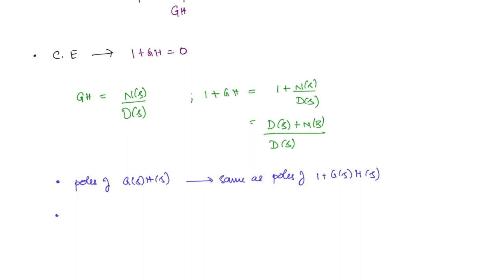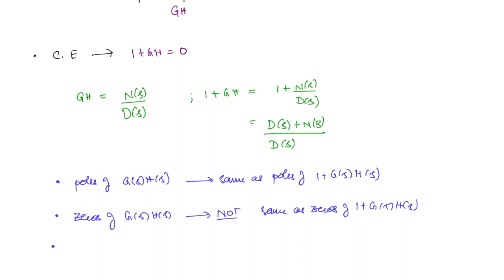So the zeros are not the same. Zeros of G(s)H(s) are not the same as zeros of 1 plus G(s)H(s). These are some points that we need to be clear about before we start discussing the stability criteria.